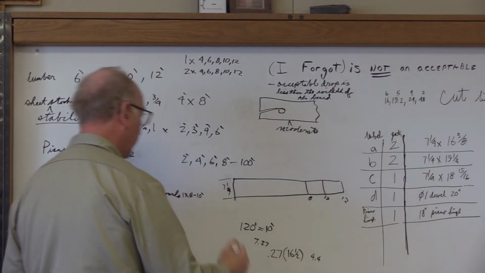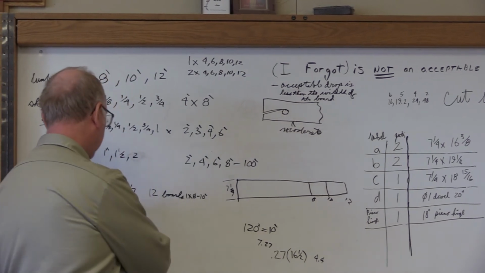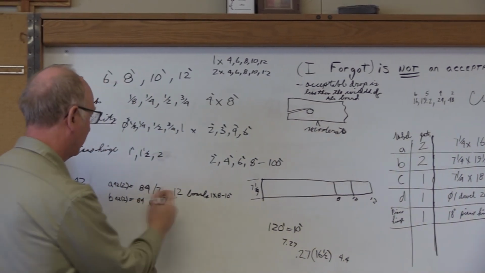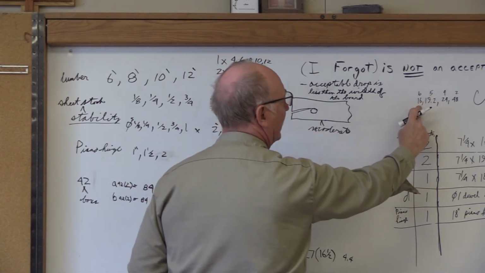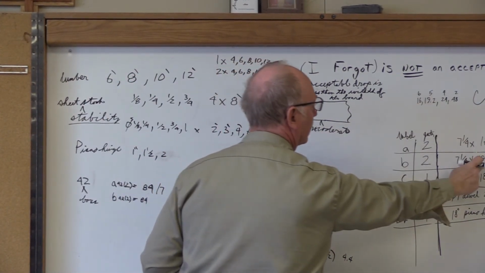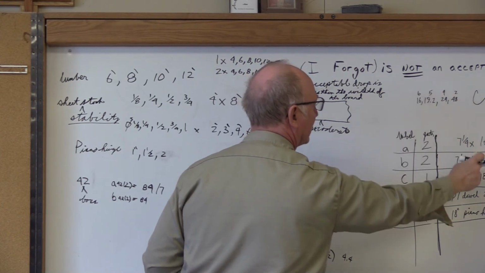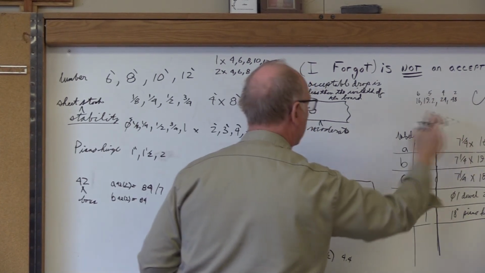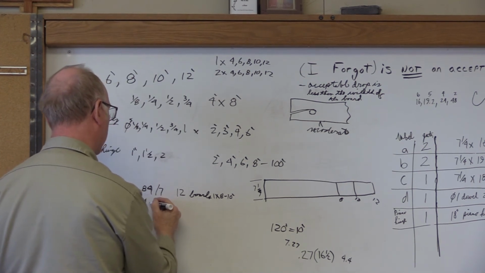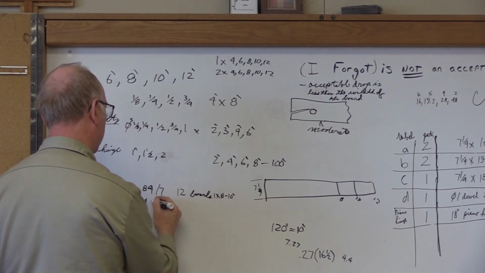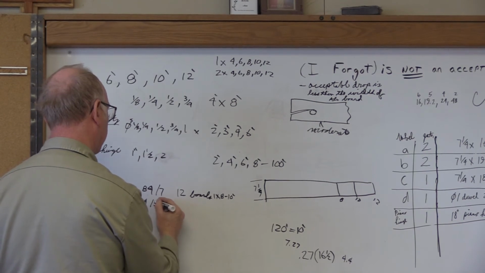All right, that's right. So we've got 84 pieces. We can get 6 pieces out of an 8-foot board, right? Oh, 16. So we can get 5 pieces out of an 8-foot board because we're going to 19. So 84 divided by 5.